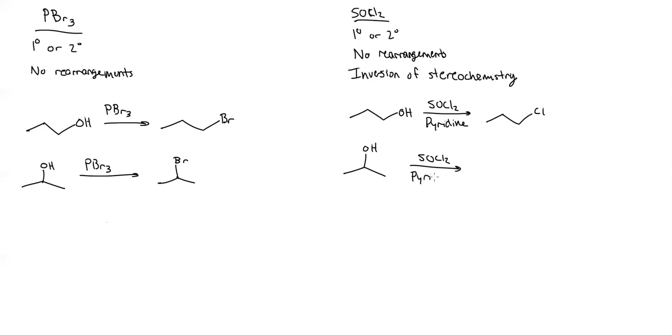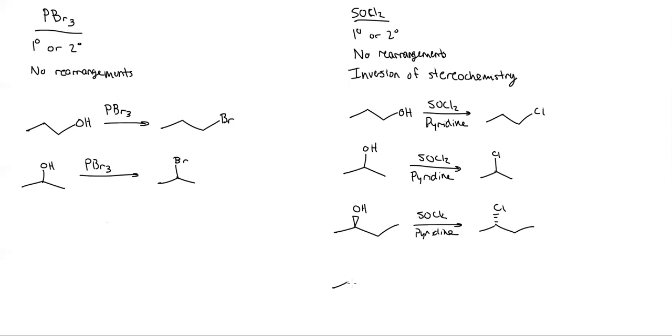SOCl2, pyridine. Then we get the Cl. The only other thing to mention is that this does occur with inversion of stereochemistry. So if I start with this on a wedge, then my product is going to be on a dash, and vice versa as well, right?